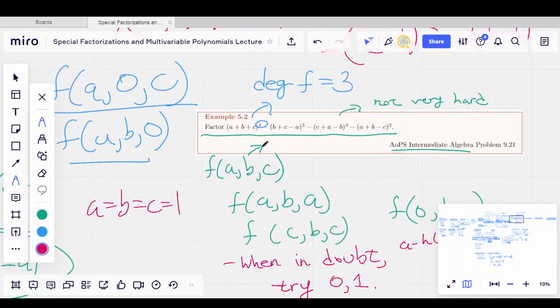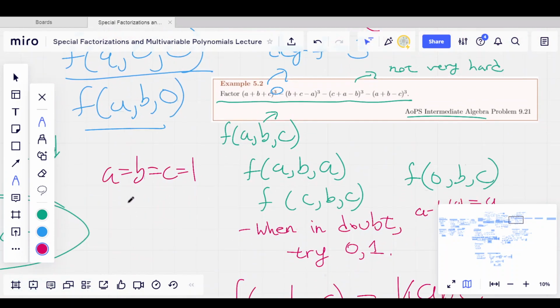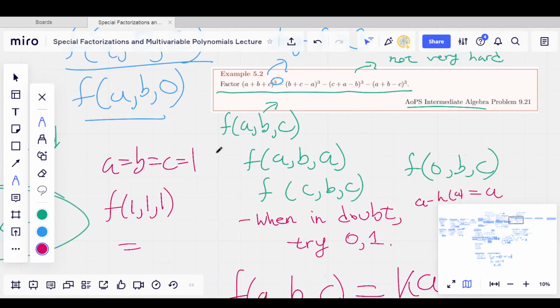So let's do it, f(1,1,1) is equal to (1+1+1)^3, 27, minus... did I make a mistake here? 1 plus 1. I might have made a mistake here.